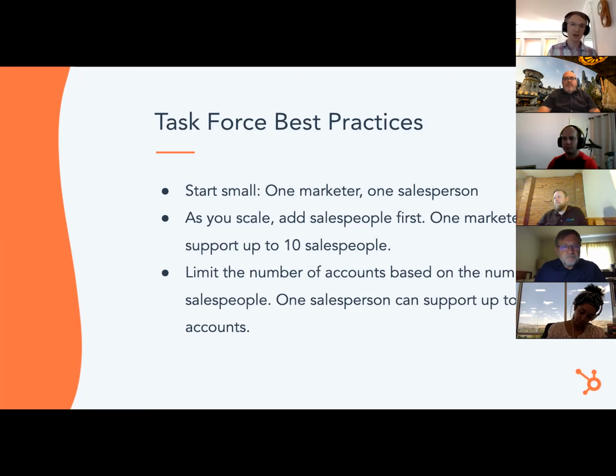So I would say one marketer can support up to 10 salespeople, and one salesperson can support up to 10 accounts. And if there are more than 100 accounts that you want to support, you're going to have to break into multiple task forces, because the bigger your account list gets, the more diluted the benefits of ABM could become.